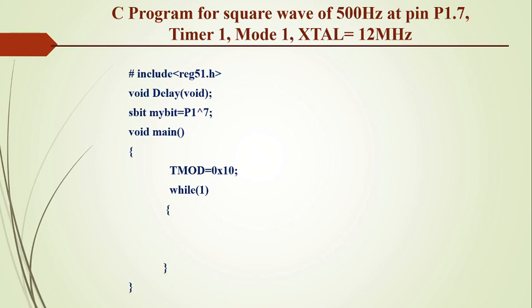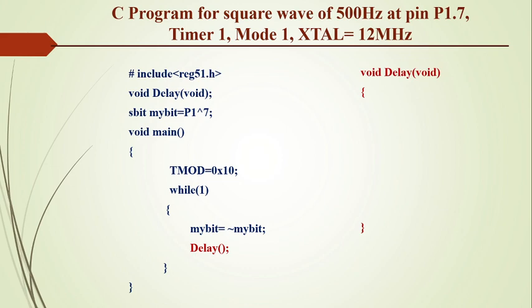That means we are complementing the bit P1.7, that is myBit. Here we load the complement value of myBit into the myBit variable, and after that we call the delay function. After complementing the P1.7 pin, or myBit, delay will be called, and here is the delay function.